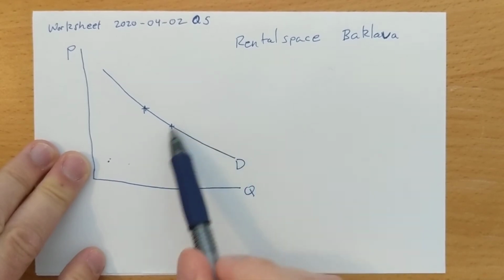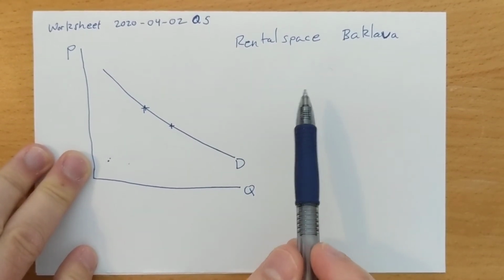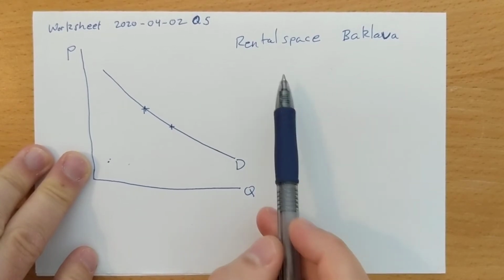Well, remember that elasticity of demand is about how easy it is to substitute toward other things. Another way to think of it is often, which one do we view as a necessity, or how important is it in our lives?